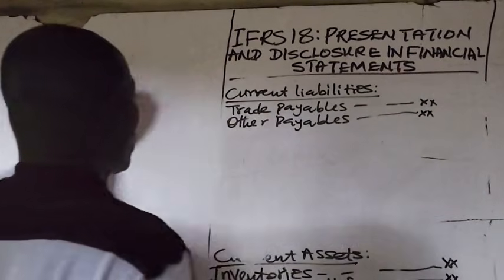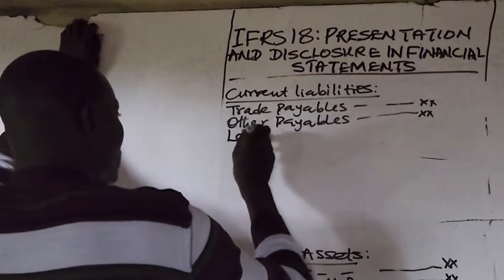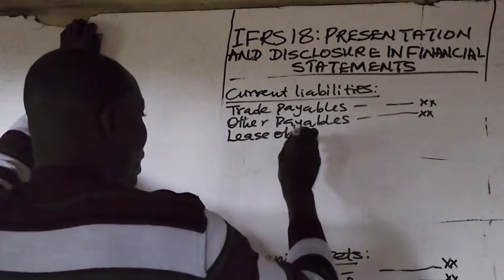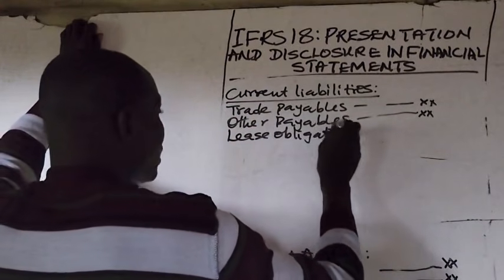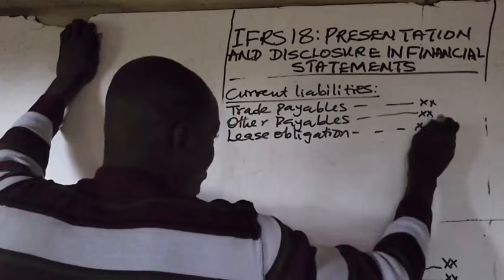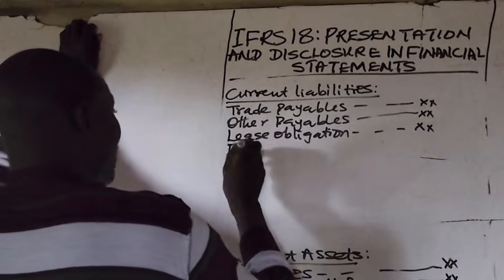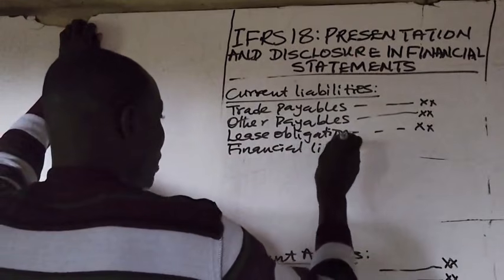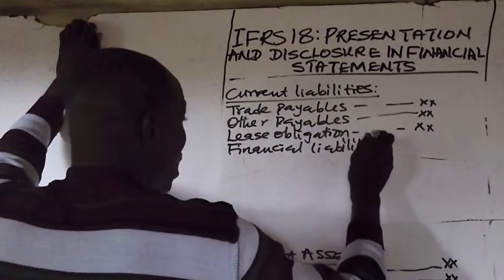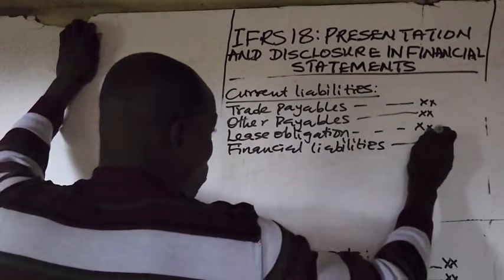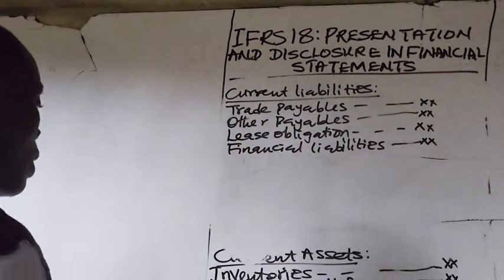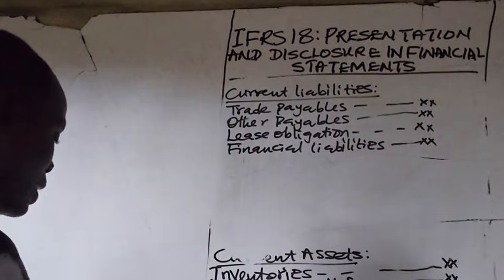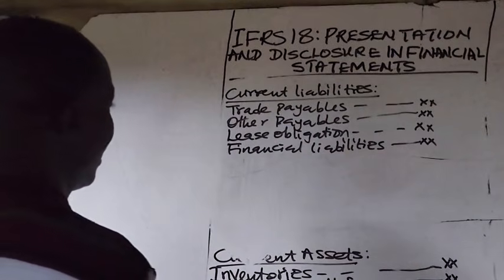We have lease obligation. I've told you the lease obligation will be categorized into current and non-current liabilities. Financial liability. I have financial liability under non-current. It is the current portion of it that will appear here, while the non-current portion will be categorized as non-current liabilities.